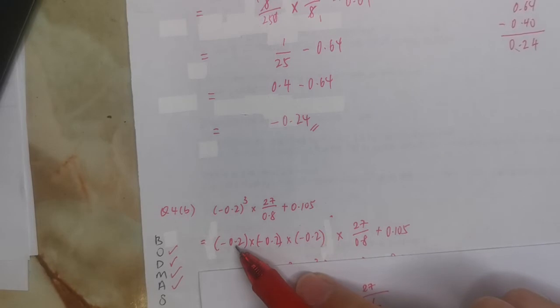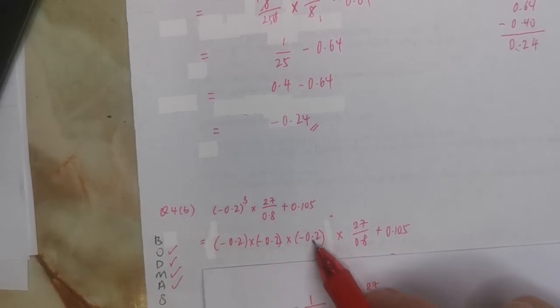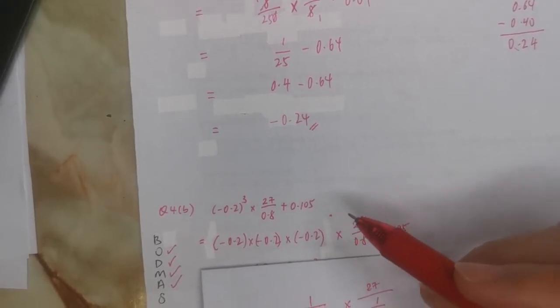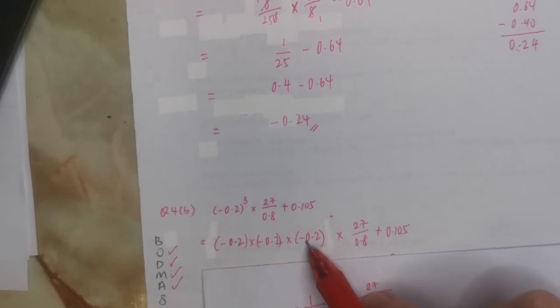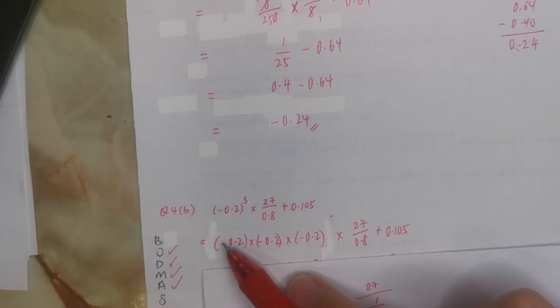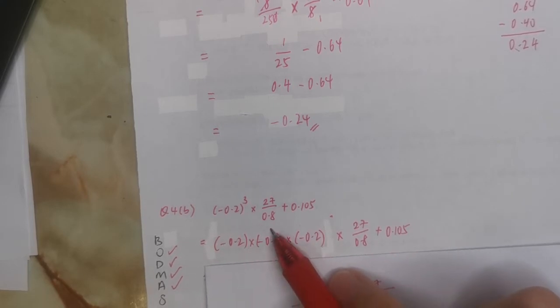So when we multiply, negative times negative will give us a positive number, but positive times negative gives us a negative number. If you notice, whenever there's an odd number of negative numbers, it will always give us a negative number. But when there's an even number of negative numbers multiplied together, it will give us a positive number.